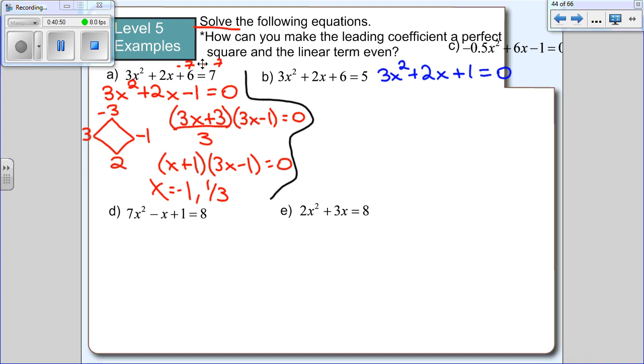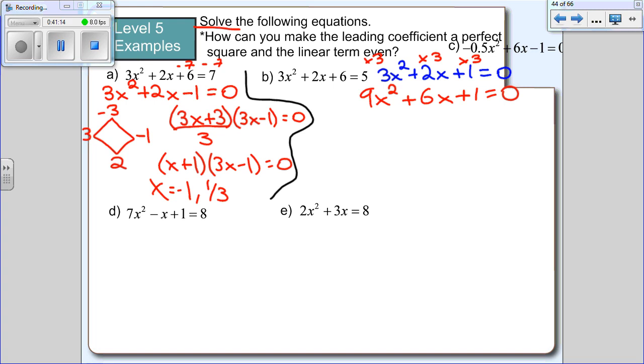I want an even B value. Now, multiplying by 3 and getting an even and a perfect square does not guarantee it's going to work. It gives us a very high probability of working, but it doesn't guarantee it, okay? So you still might fail here when you go to create your box. You might run into those decimal problems.